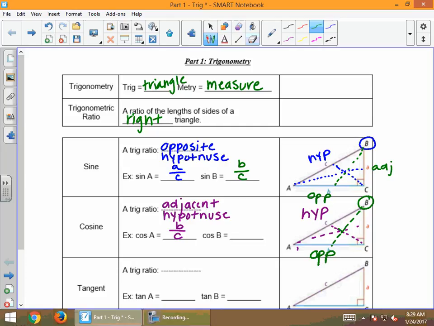Our triangle didn't change, so the hypotenuse stays the same, and the other side is your adjacent. You might notice that if you start with angle A and label your sides, and then find the ratio for another angle, the opposite and the adjacent just flip-flop. You might be catching on to that pattern. So when we write the ratio for the cosine of B, again, it's adjacent over the hypotenuse. We label little a as our adjacent and c is our hypotenuse.